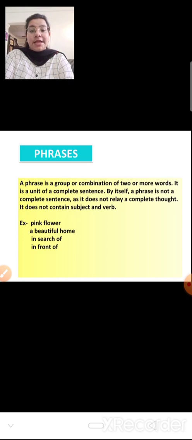By itself a phrase is not a complete sentence. If we separate a phrase from a complete sentence, it will not make any sense, it will not convey any message. It is incomplete without a complete sentence, as it does not relay a complete thought.